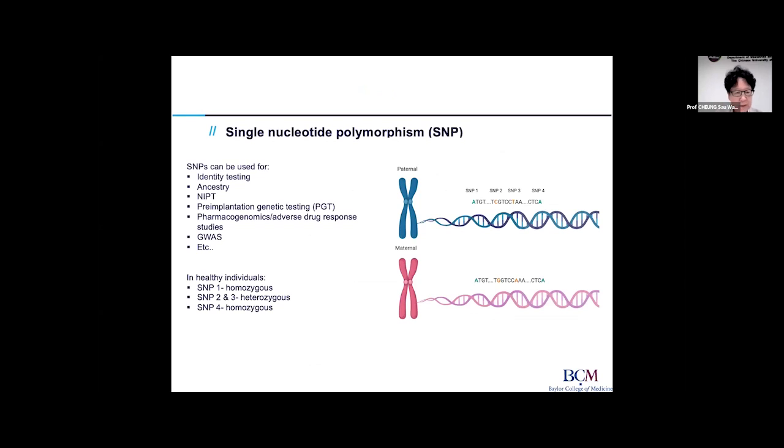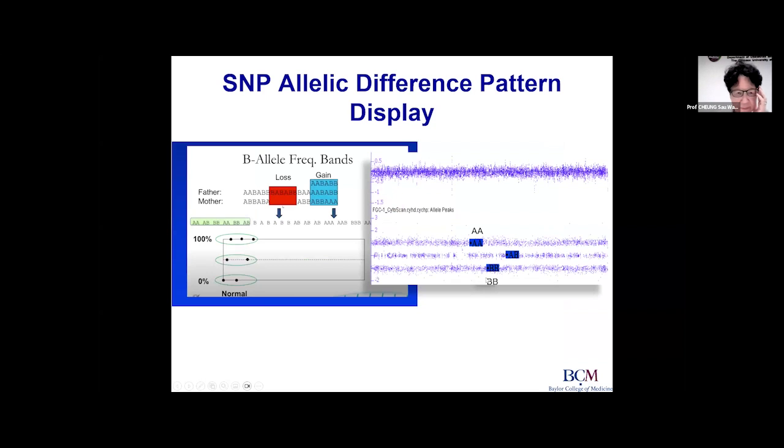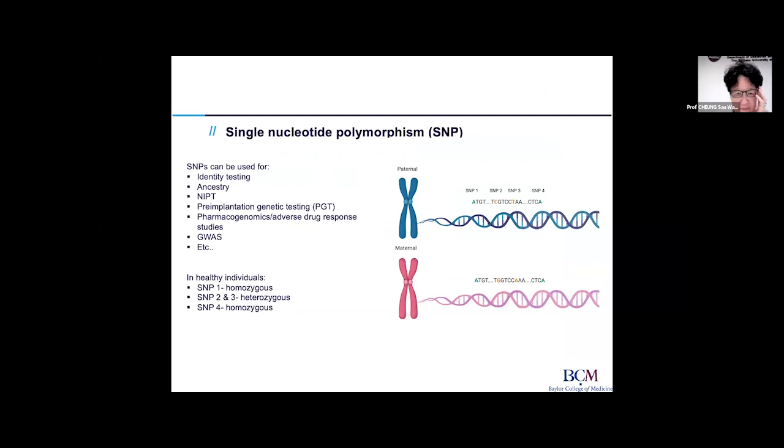How is this determined? So in healthy individuals, at SNP1, you have the paternal and maternal. You have this A, T, G, T, notice the A, and this is all the same, right? So we call that homozygous.